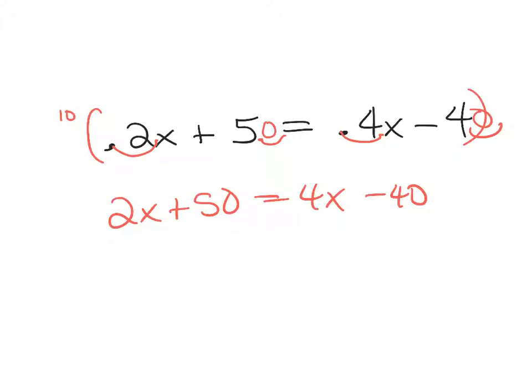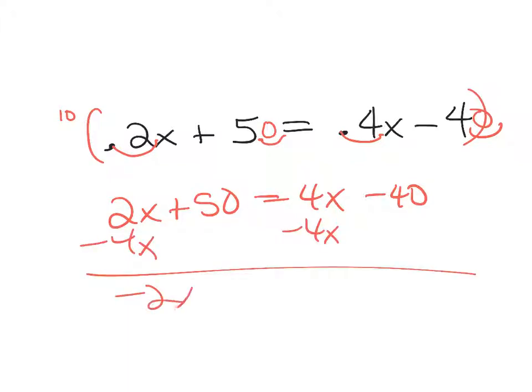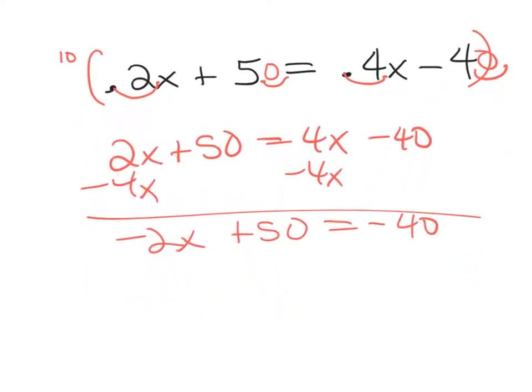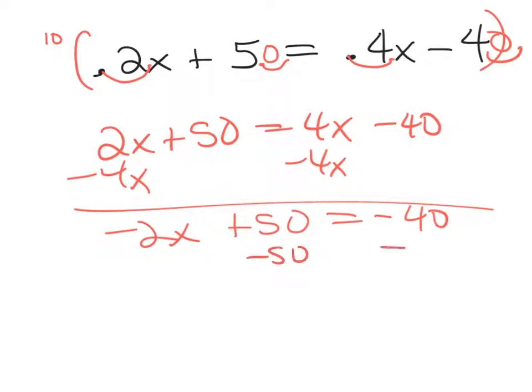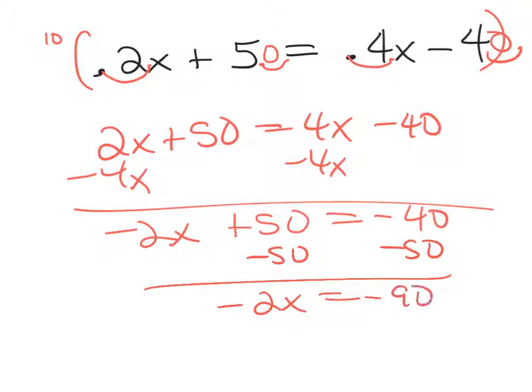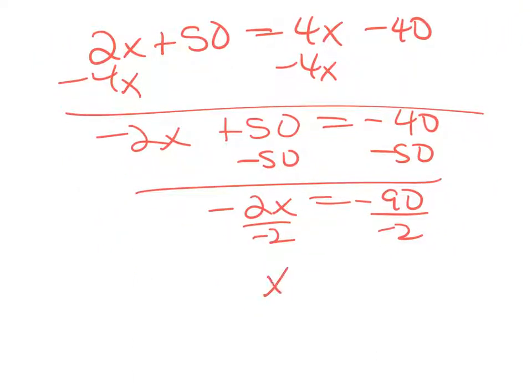And then I don't have to deal with dividing by a decimal. So then now what I do is move the 4x, and I get negative 2x plus 50 equals negative 40. Then subtract 50. Negative 2x equals negative 90. Divide, and x equals 45.